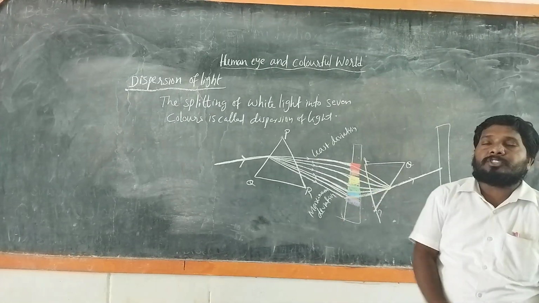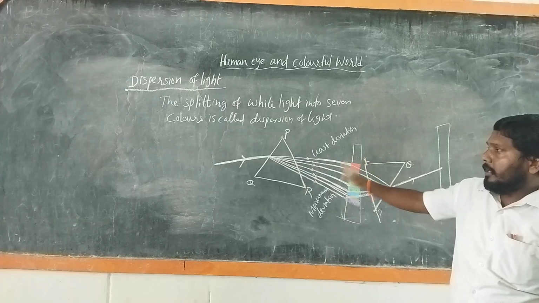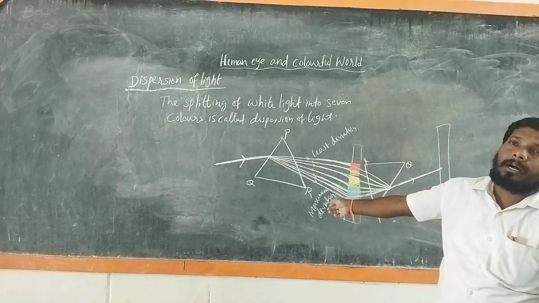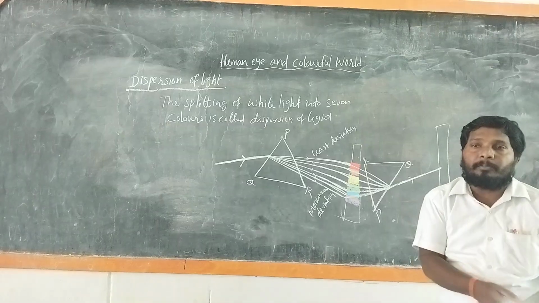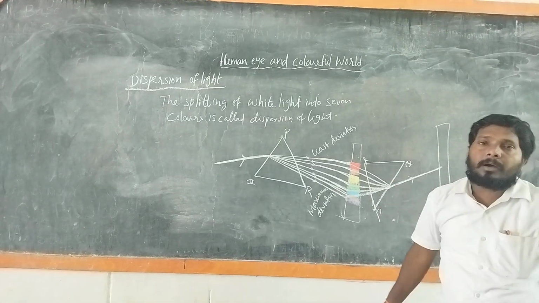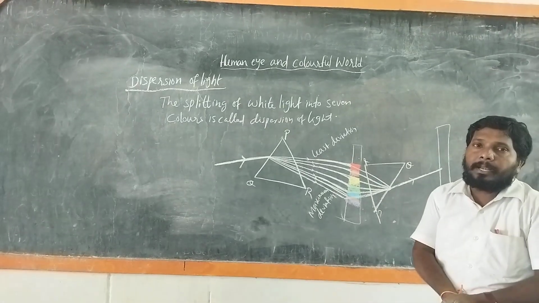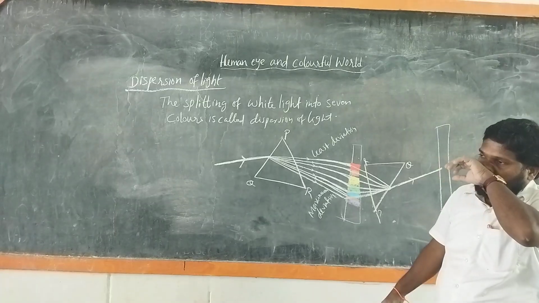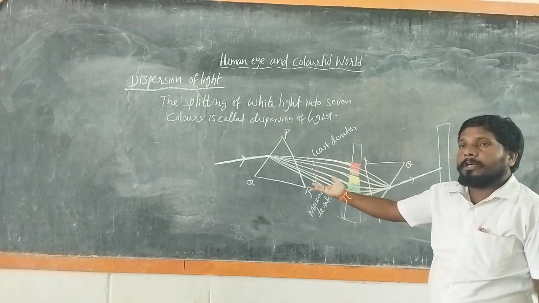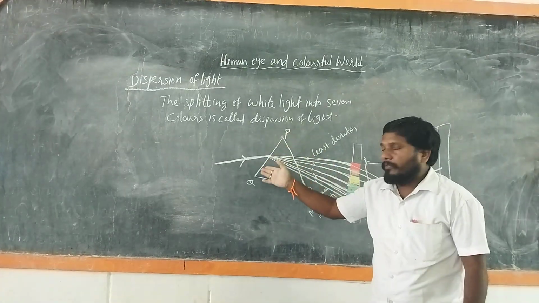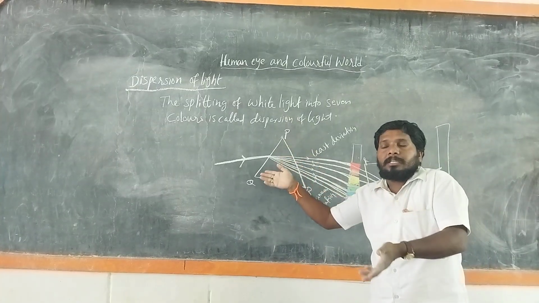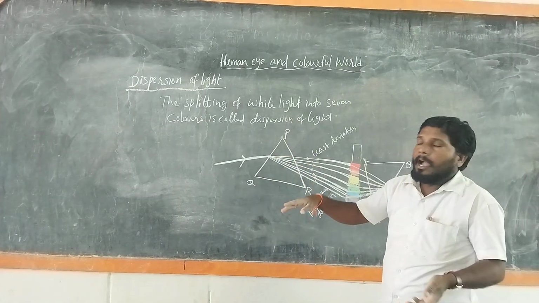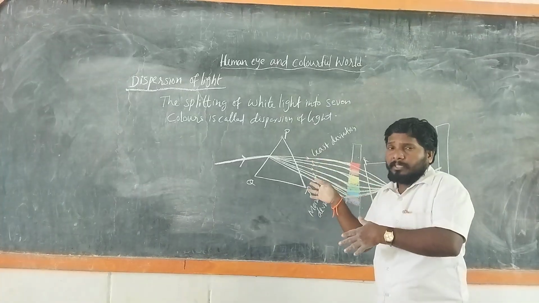The change in wavelength depends on the type of medium. Is it a rarer medium or a denser medium? Depending on that, the wavelength changes, and due to the light incident at the interface, the speed changes. Due to the change in speed they deviate, and frequency doesn't change.